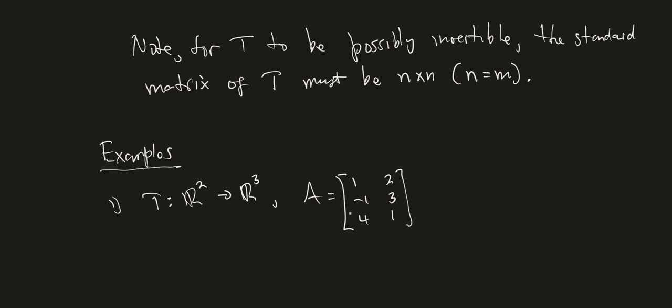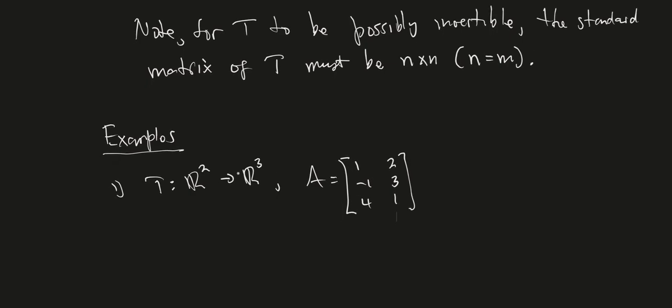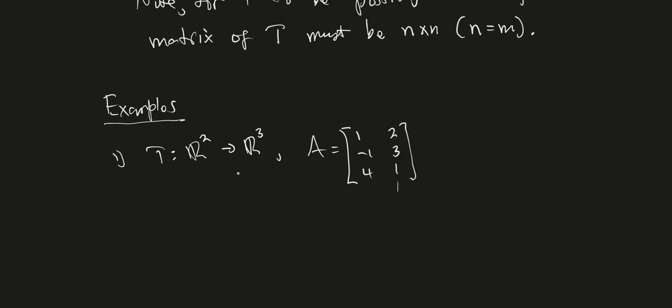Well, first of all, this is not a square matrix, right? So we know it won't be invertible, but let's see what we can say about whether it's onto or one-to-one, if it could be either of them.